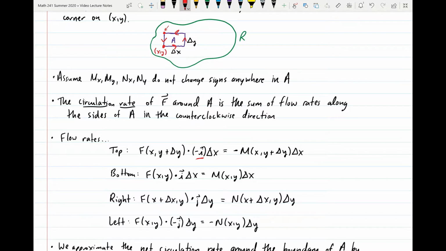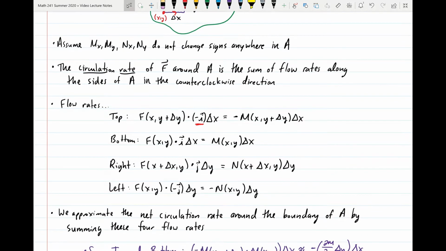So we're getting the velocity vector of the fluid at that particular point, and we're finding the scalar component of that velocity vector in the direction of minus i, and then we're multiplying by delta x, which is the length of that entire top side of the rectangle, and that'll give us an approximation for the rate of flow of the fluid along the top side of our rectangle.